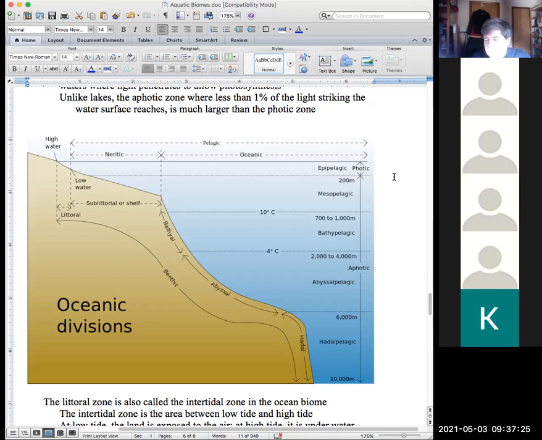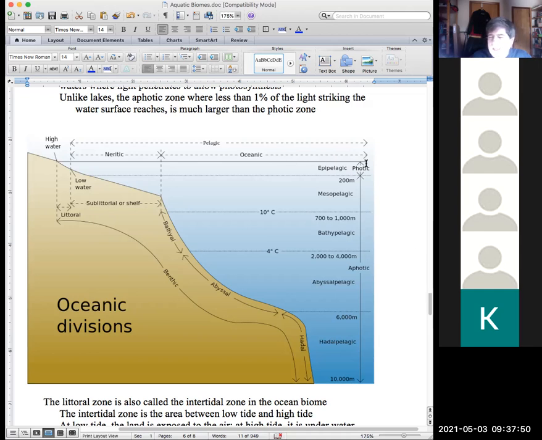Now, as we go down in the water, there are other changes in the environment as well. If we look at the air, air is about 21% oxygen, not quite. Anytime air comes in contact with water, some of the gases in the air dissolve in the water.